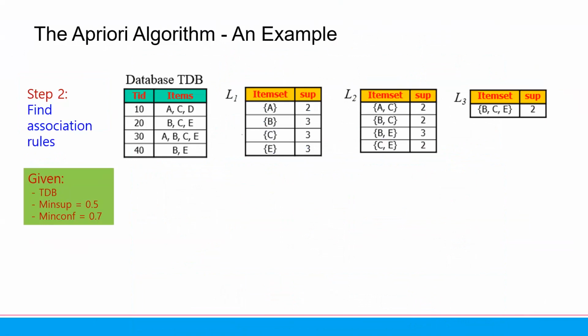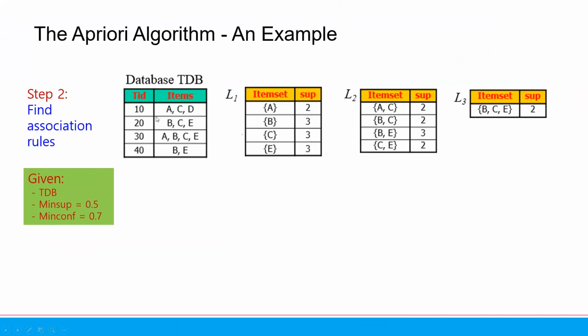So step number 2 is to find the association rules. As I mentioned to you, we need to start when k equals to 2 to find the association between two item sets. We already have L1 when k equals to 1, L2 when k equals to 2, and L3 when k equals to 3.